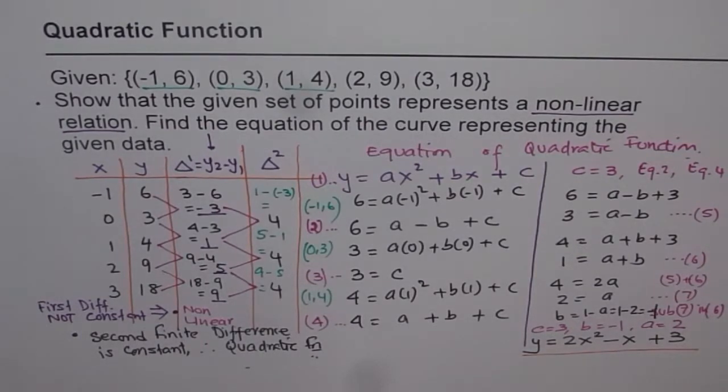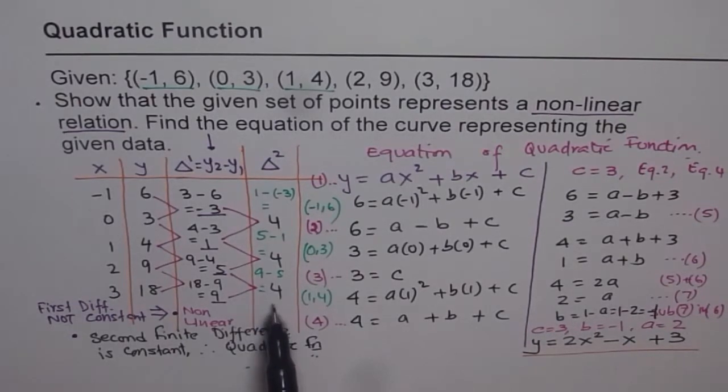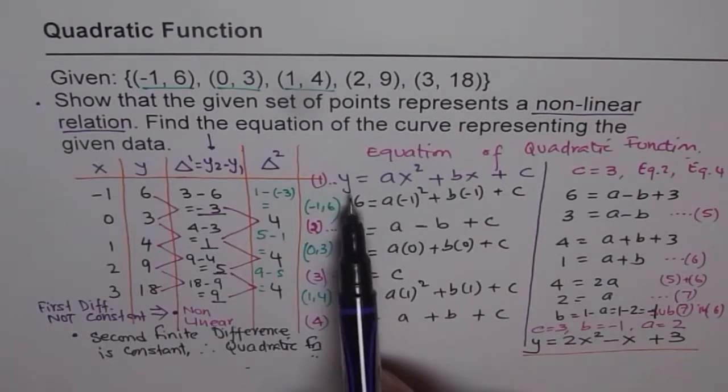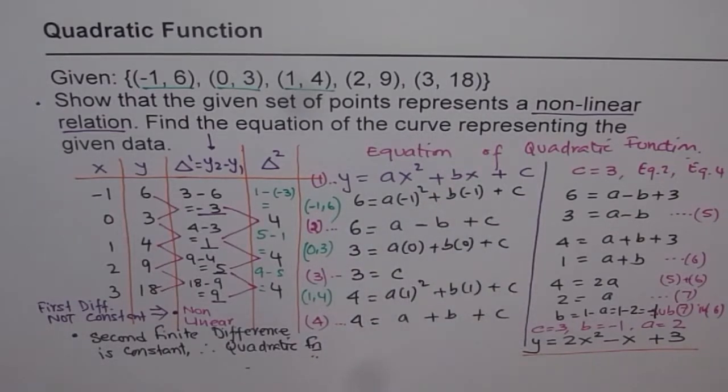Now the second part of this question was to find the equation of the curve. And therefore we continued with the finite difference process, and we found that the second difference is constant and it is equal to 4. Now when it is equal to 4, we can find a quadratic equation to represent the data. The general or standard form of a quadratic equation is y equals ax squared plus bx plus c.